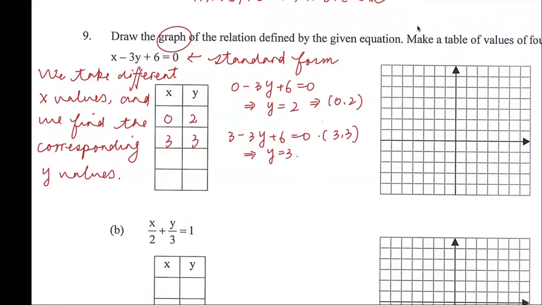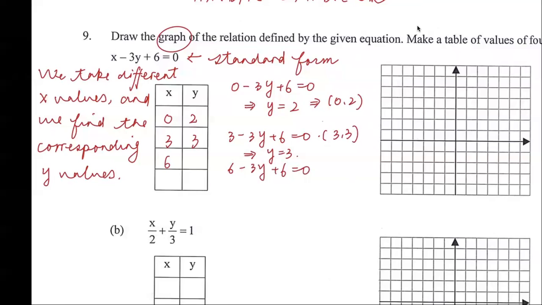For example, if I let x be 6, then the equation becomes 6 minus 3y plus 6 is equal to 0, right?